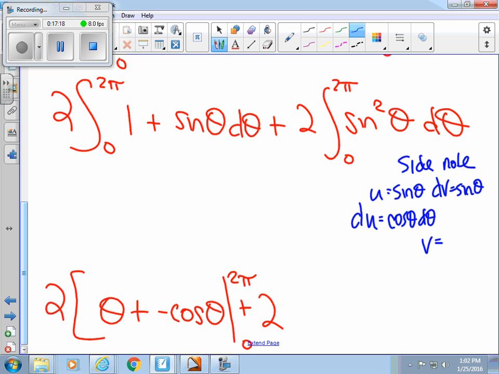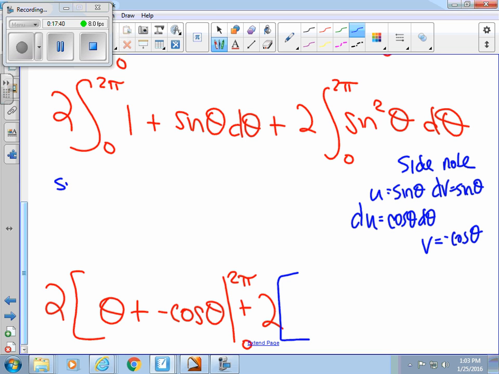Antiderivative of sine is negative cosine of theta. Remember, I have the 2 in front. I'm kind of keeping it hanging out there, but just this integral portion, I get u times v.